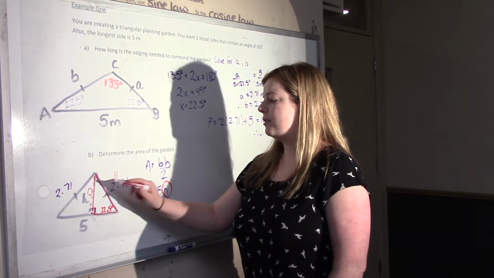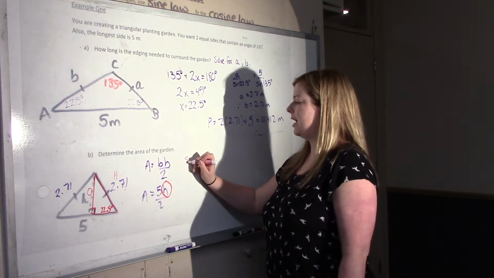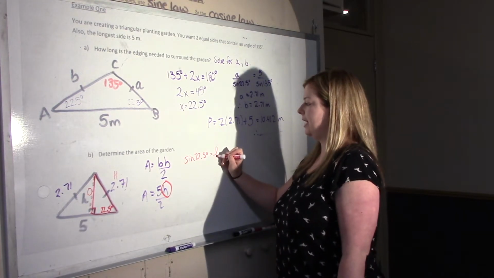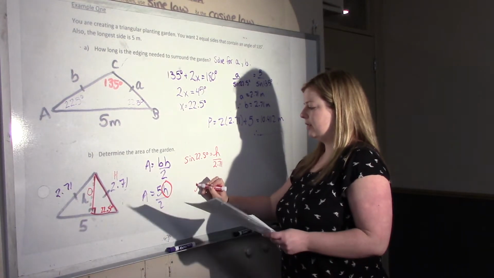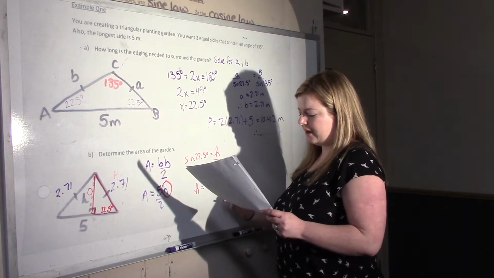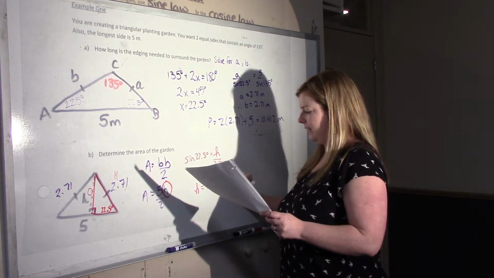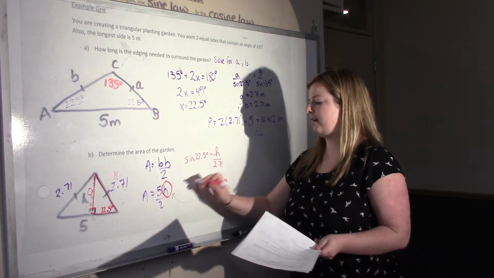If I want the opposite and I know the hypotenuse, I can use sine. So sine of 22.5 degrees equals the height over 2.71, the hypotenuse. Using my calculator, I find that the height is 1.037 meters.